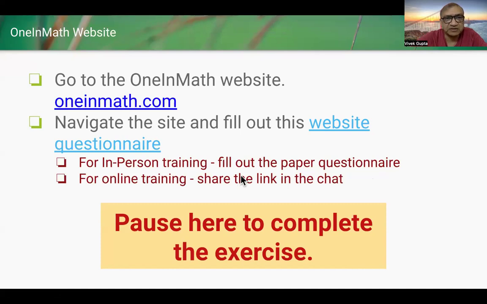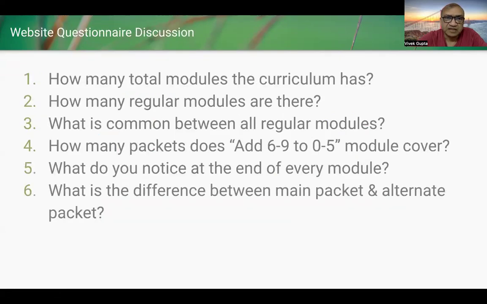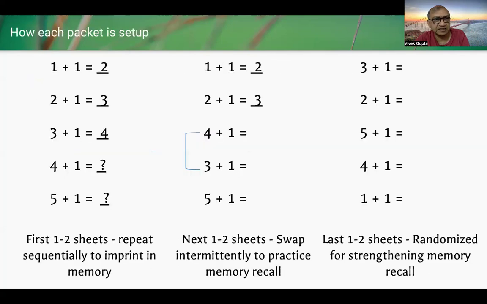So pause the video, and once you're done, come back and restart the video. These are some of the questions: how many modules are there in the curriculum, how many regular modules are there, etc. I'll let you answer these questions, and we'll continue to go through the other slides.